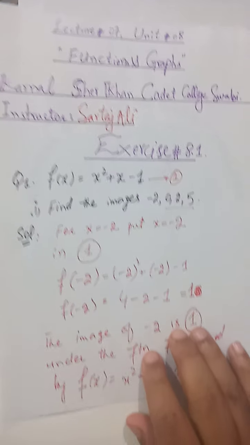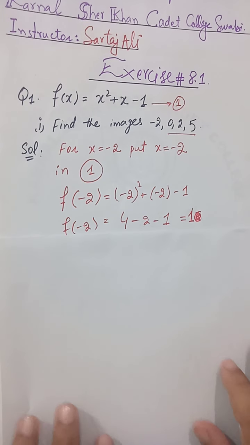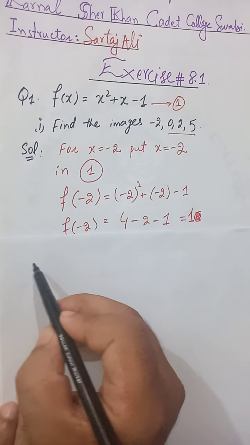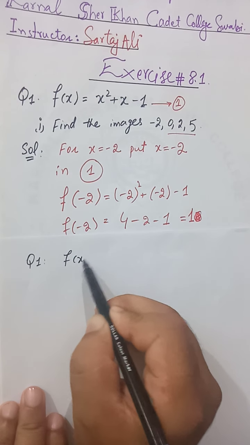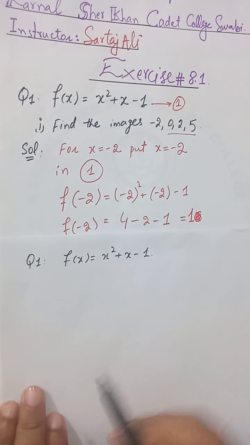Now moving towards part number 2. In question 1, the given function is f of x is equal to x square plus x minus 1.